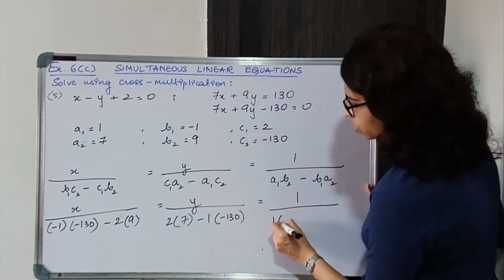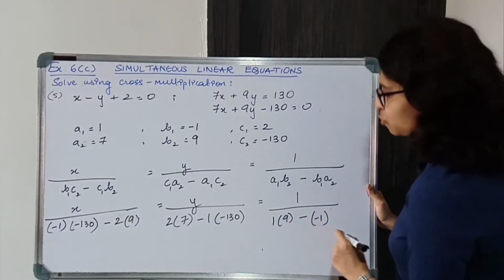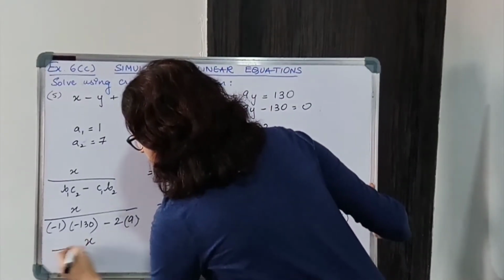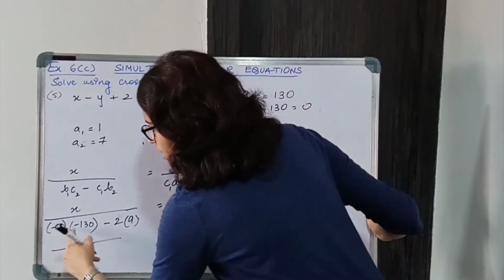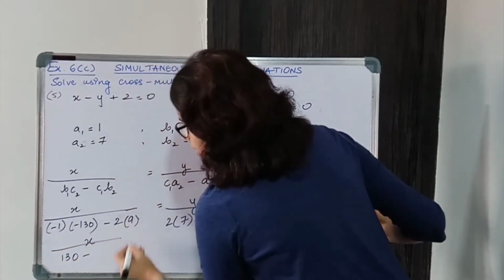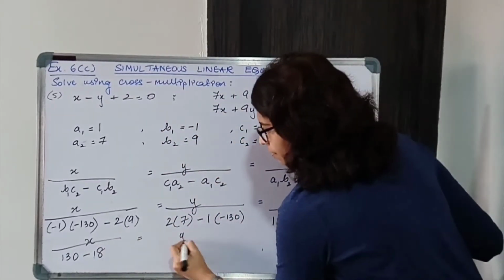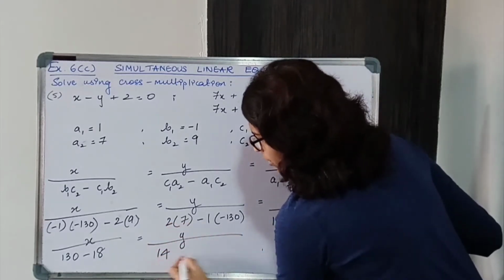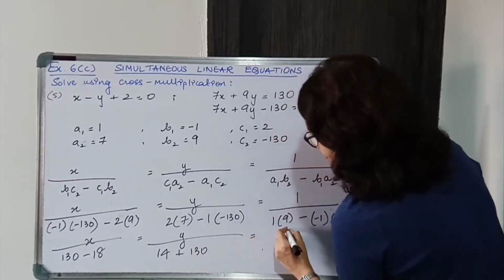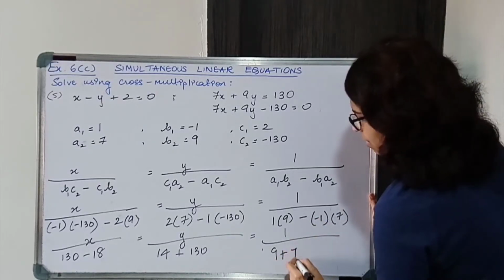A1 is 1, B2 is 9 and B1 is minus 1 and A2 is 7. So x upon minus into minus gives plus, 130 into 1 gives 130, minus 2 9s are 18, 2 7s are 14, minus into minus gives plus, 1 into 130 gives 130 is equal to 1 upon 1 9s are 9, minus minus plus 1 7s are 7.